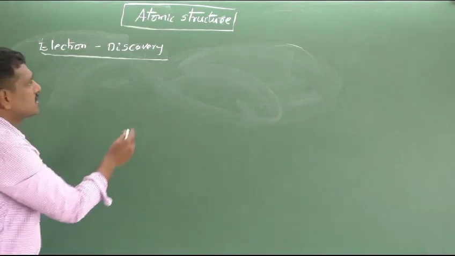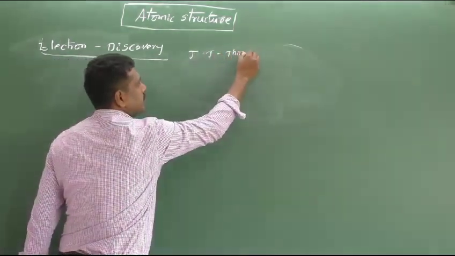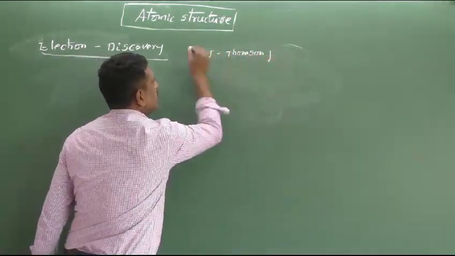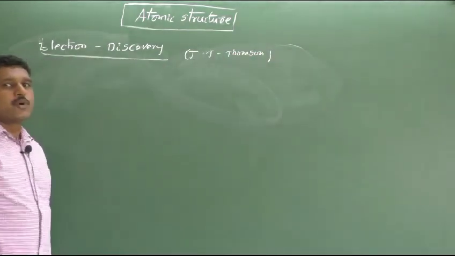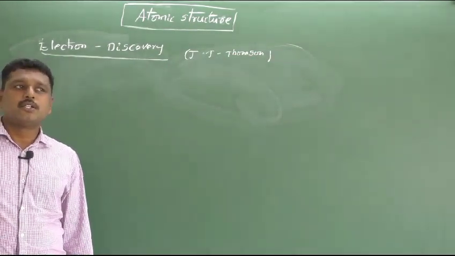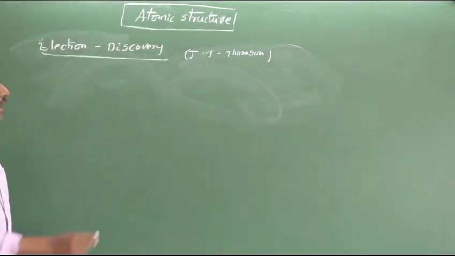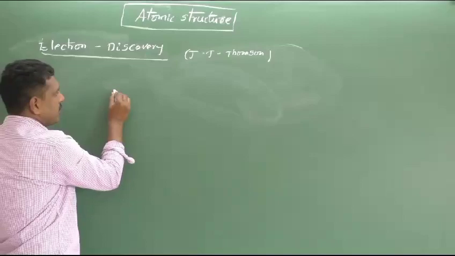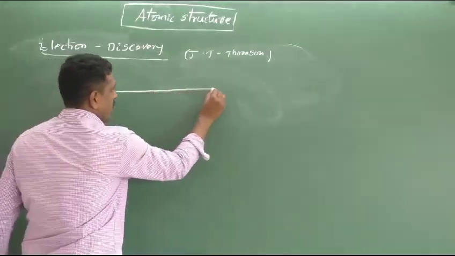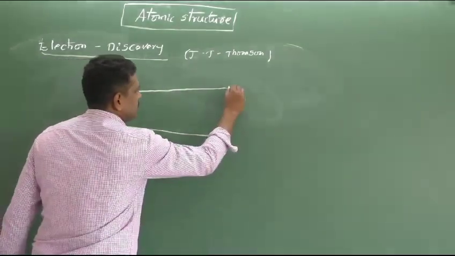The electron was discovered by the scientist named J.J. Thomson, by the experiment named the discharge tube experiment. I will draw the diagram here. Discharge tube experiment.